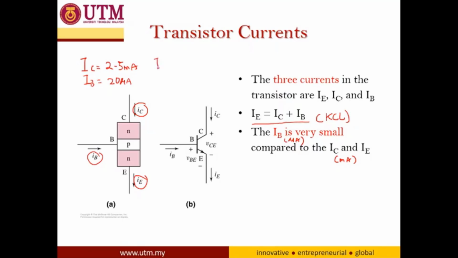So you get IE equal to 2.5 milli plus 0.02 milli. This is 2.52 milliampere. So IE will be almost equal to IC.